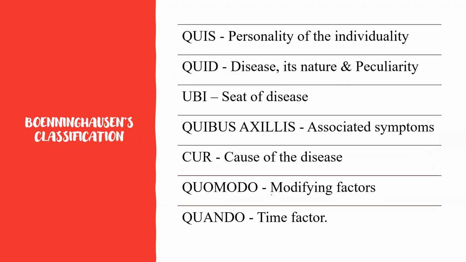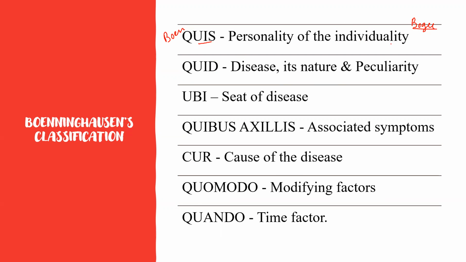Now, Bonninghausen's classification is quis, quid, ubi, cubis auxilis, cur, quomodo, and quando. Now, quis is the personality of the individual. This is Bonninghausen, and here I'll mention Boger.